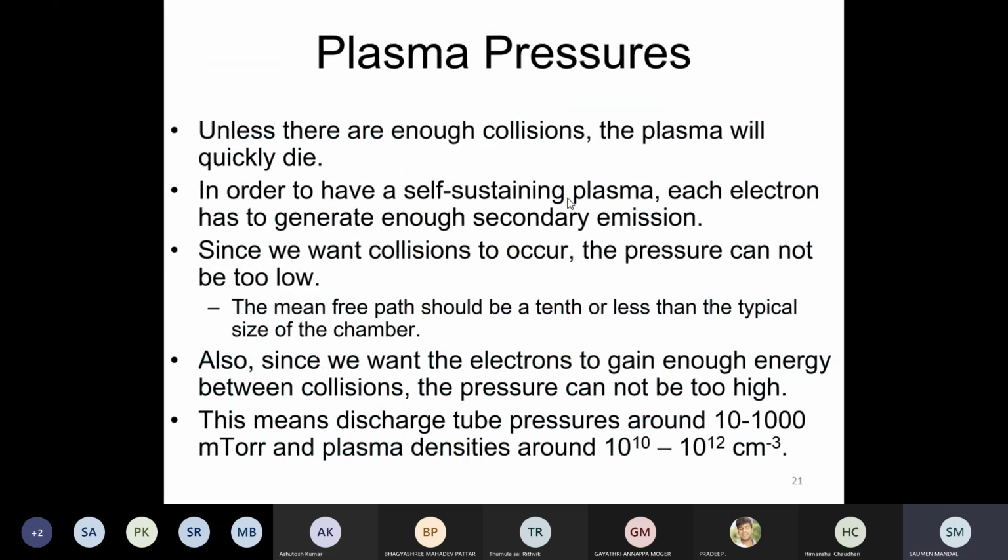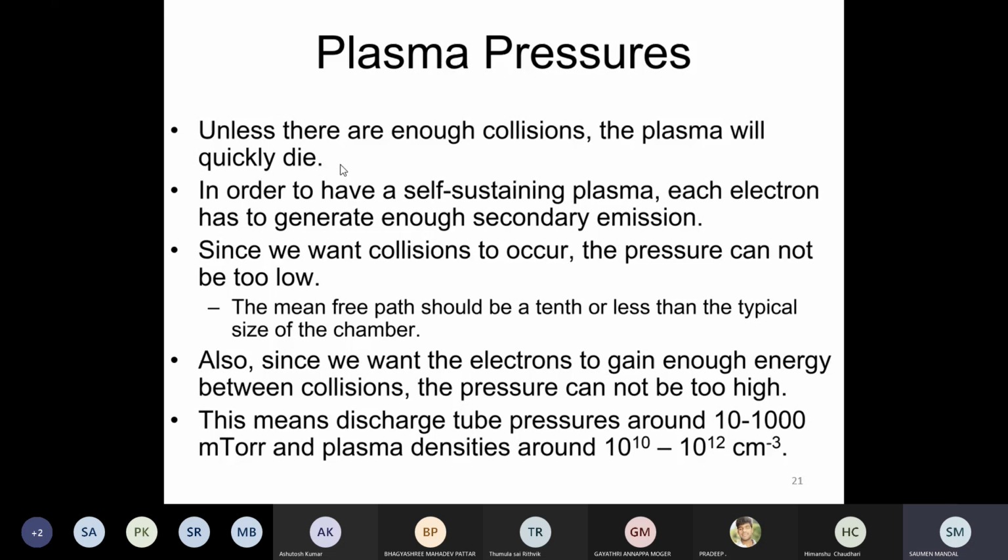So this plasma pressure: as I told, unless there are enough collisions, the plasma will quickly die. That means continuous collision between electron and argon atom is required. Then only will the plasma sustain.